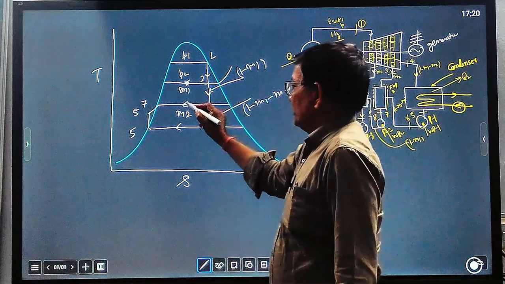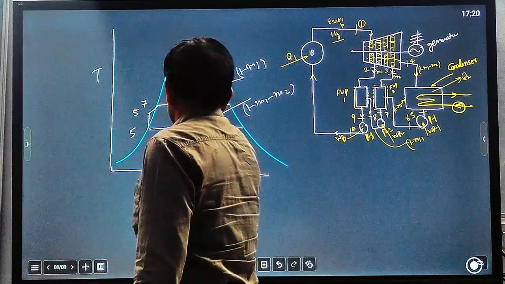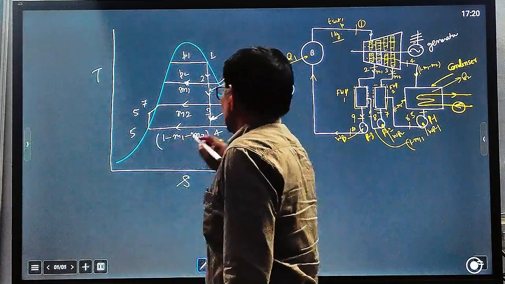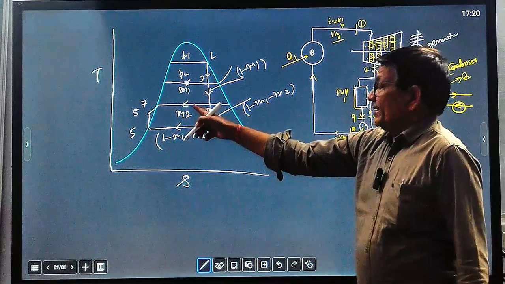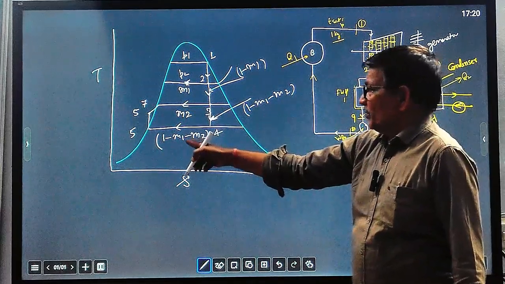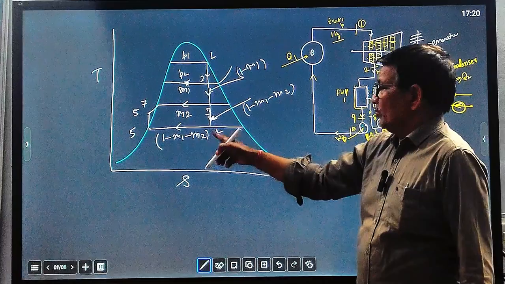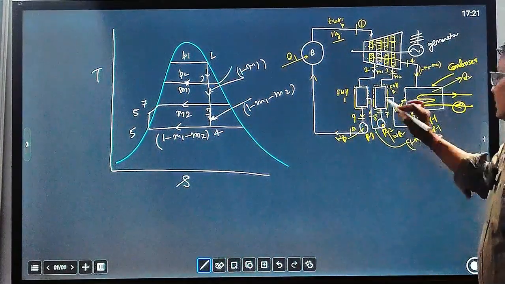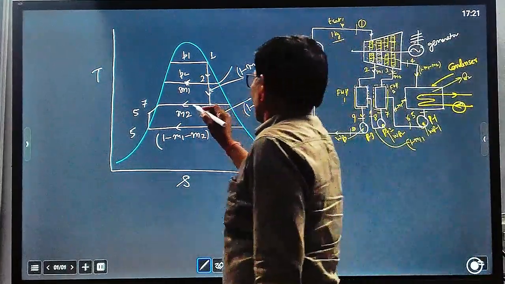M2 kg of steam is mixing with the 1 minus M1 minus M2 quantity of water. So this is state 7.